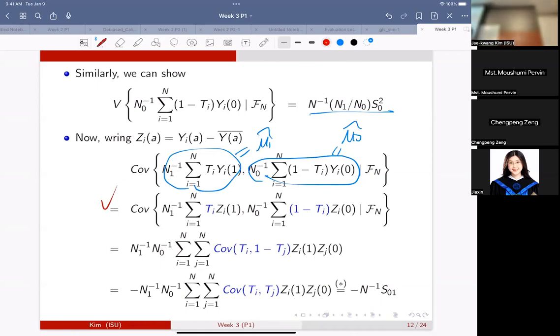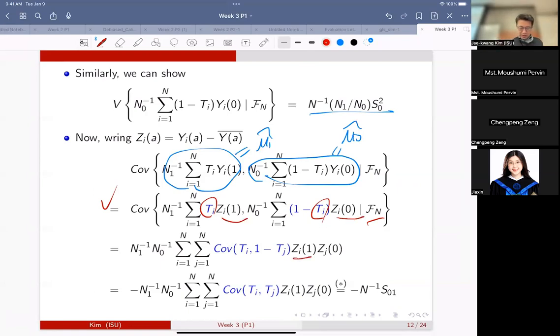And then this guy, now you can see, which is conditional on F, right? The only randomness is about T_i. So we just expand it. Then the covariance can be written as essentially the covariance of T_i and T_j, because they are constant.